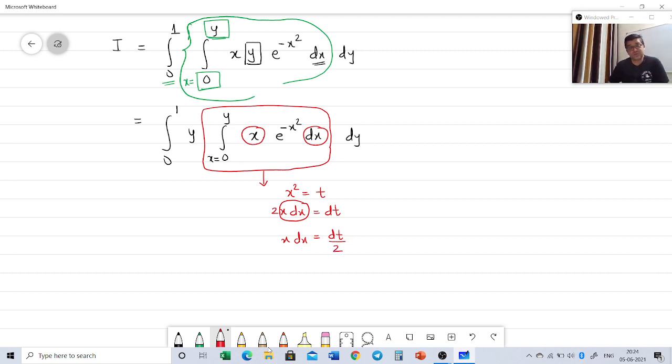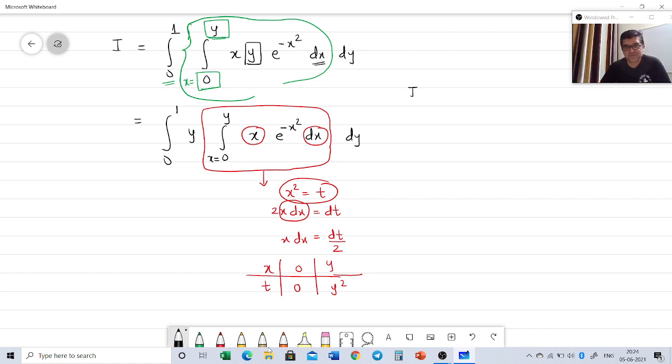Right? And also I should change the limits of integration, right? After substitution, that is very important. So x limits are from 0 to y. So what will be t? So when x is 0, t will be 0 square, that is 0. And when x is y, t will be y square, right? So these are the new limits, right?